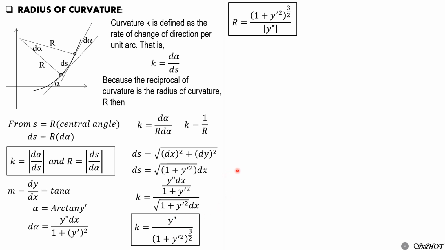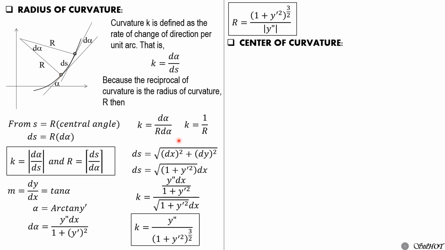Then finally, we have to consider the center of curvature. And from the figure, if we denote this with h comma k, and because this point is the point of tangency x1 comma y1, and if that is alpha, the angle of inclination, the angle between the vertical and the normal, which is r here, is also alpha.